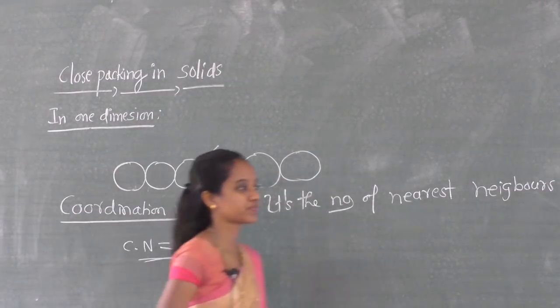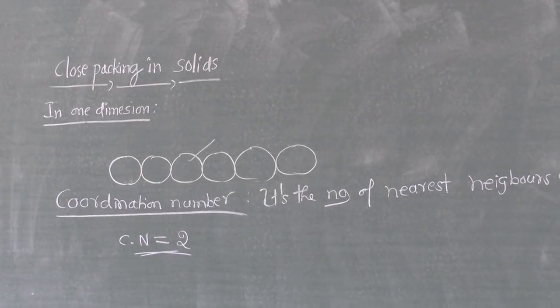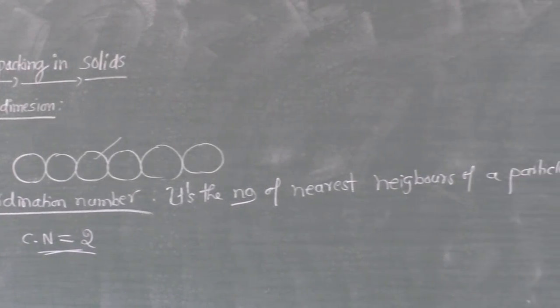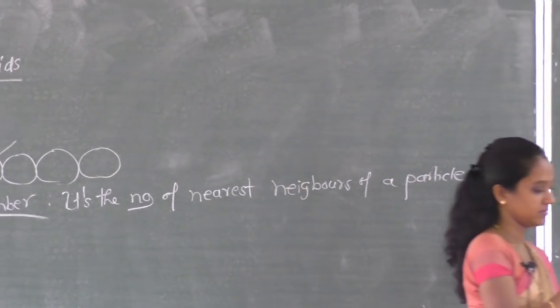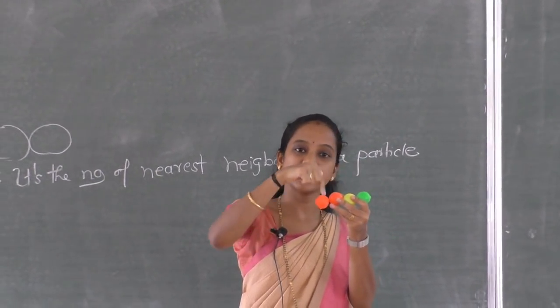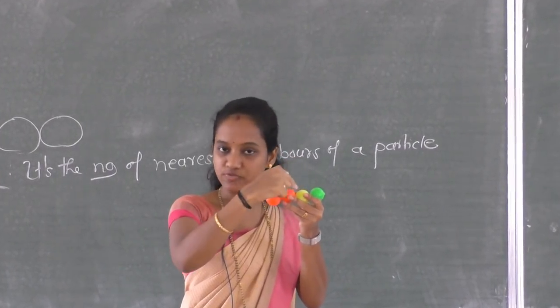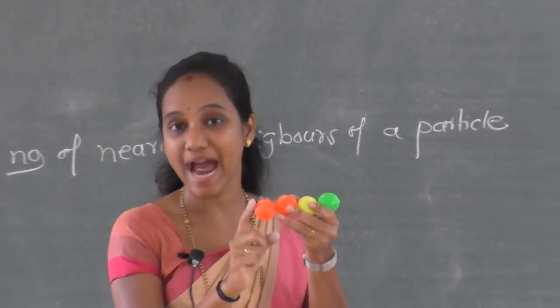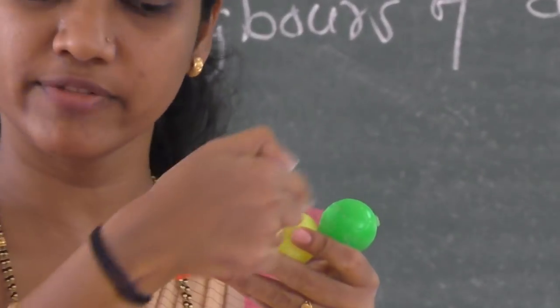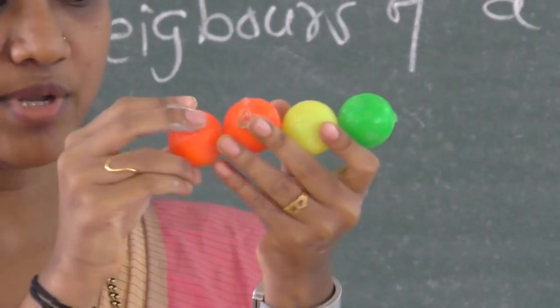So now see here, these are the constituent particles. These spheres are nothing but the constituent particles in solids. It may be atoms, ions or even molecules, so individual molecules. See here only one dimension is there.